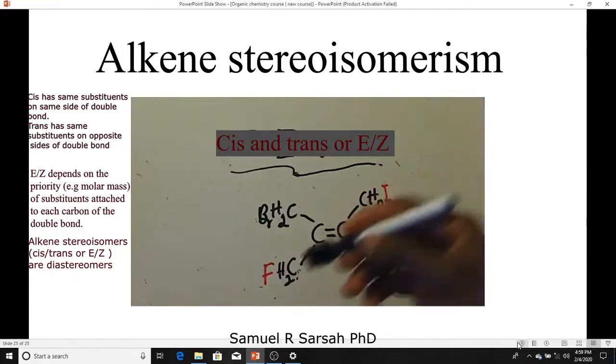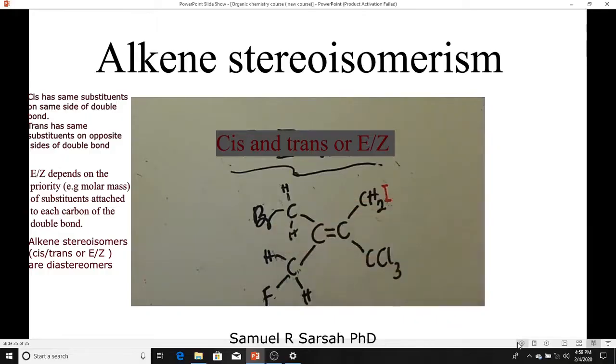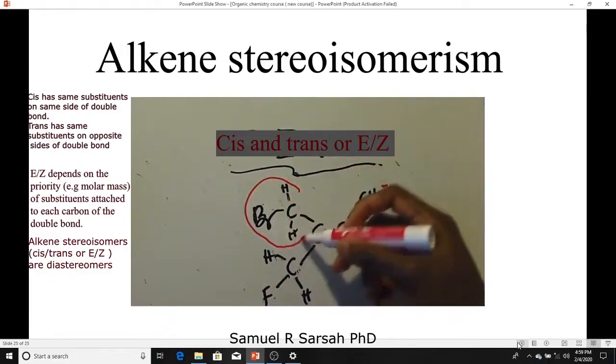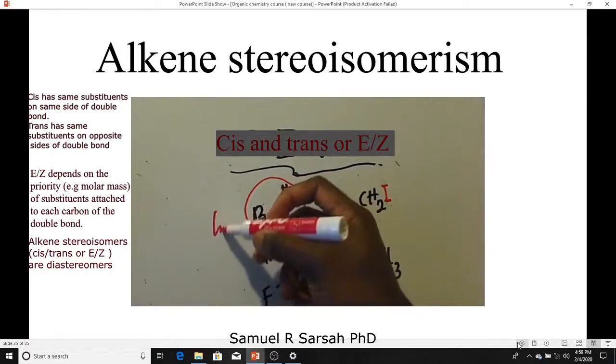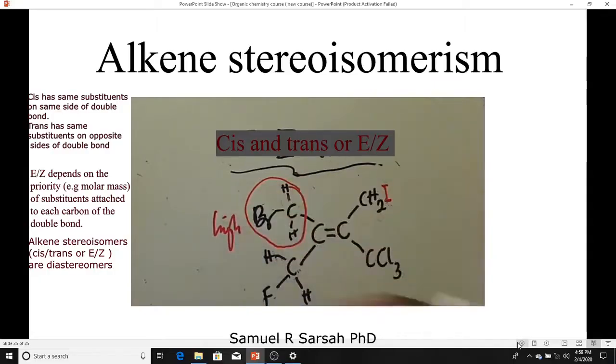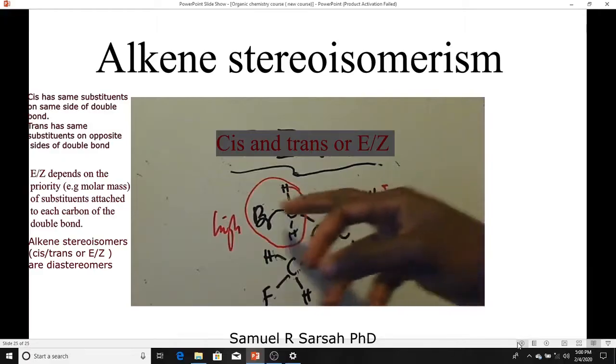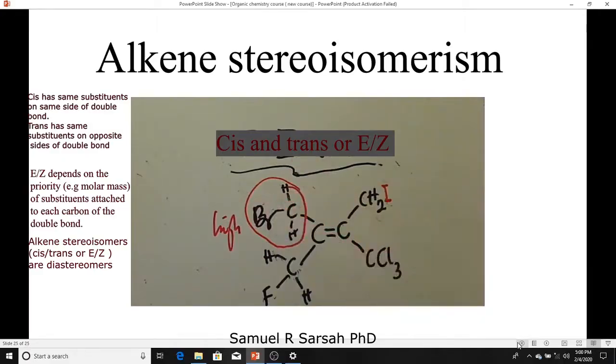Now if I expand it, it's bonded to bromine, so that will make this group high priority over this. It doesn't matter if there were 3 fluorines here. Even if this was fluorine, this was fluorine, this will still carry the higher priority because of the bromine.